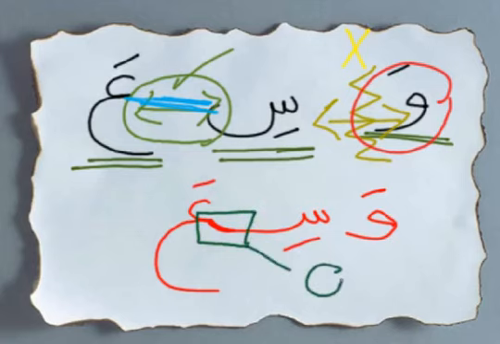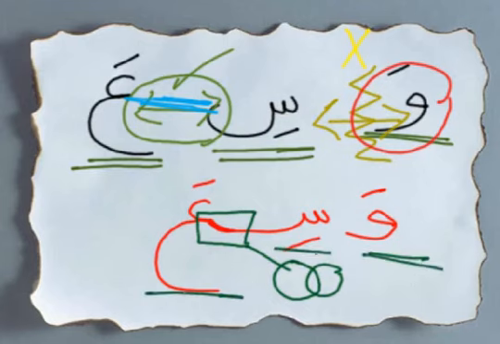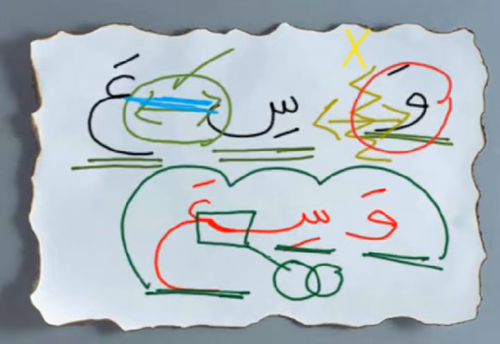Now, notice the sin and the ain, they get together and they have no problems, and they make a nice perfect union right there. And the wow doesn't participate, but he makes his contribution, and that's enough for him, and that's enough for us to complete this word wasi'a.